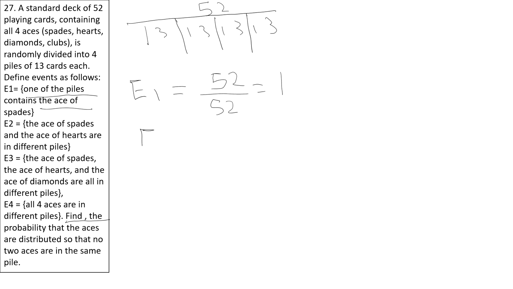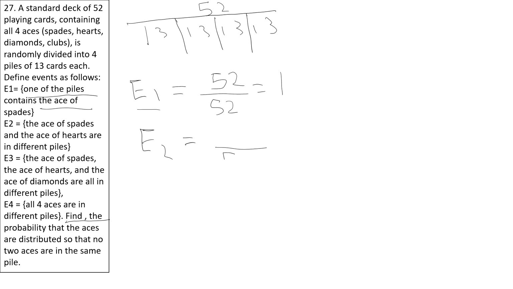Now let's go to the second one. We have already been given the ace of spades in E1. Okay, now E2, ace of spades and ace of hearts in different piles. We have already put the ace of spades in one pile. Now in the other piles we have to put the ace of hearts.